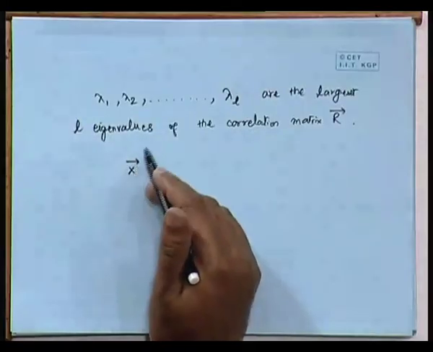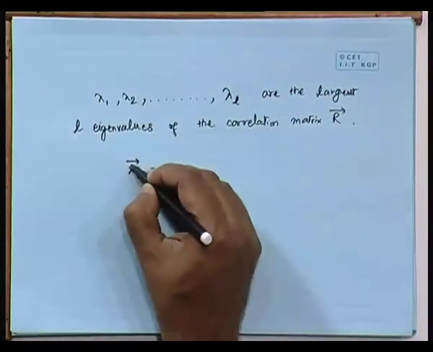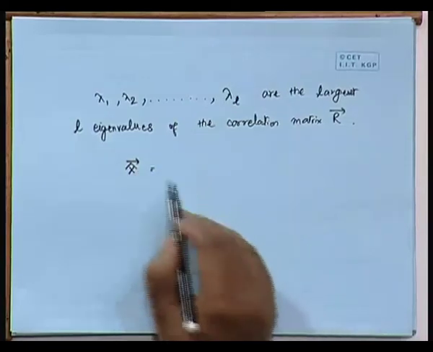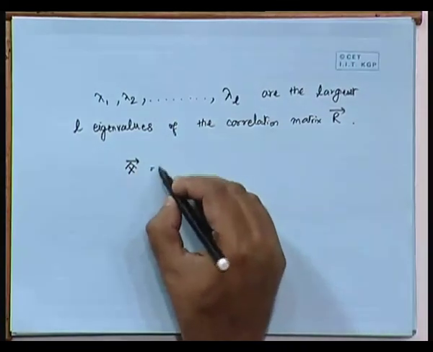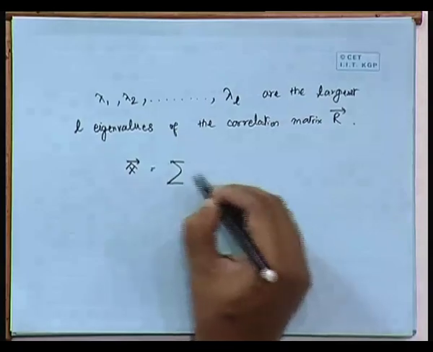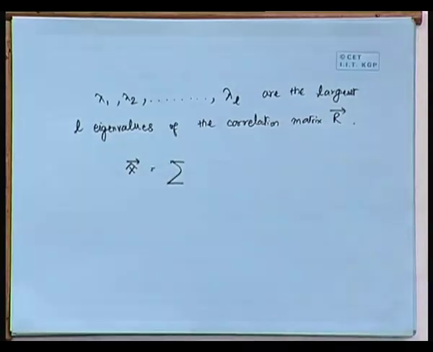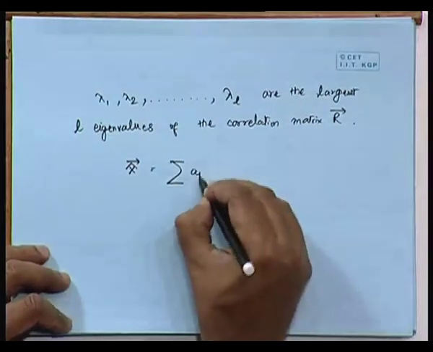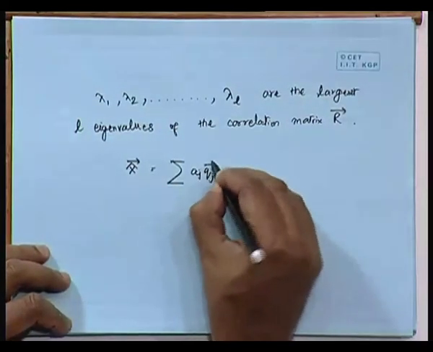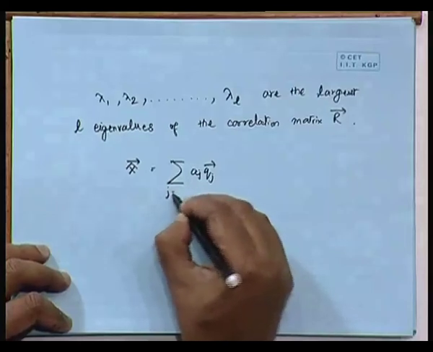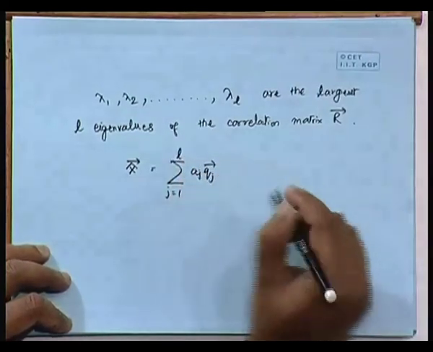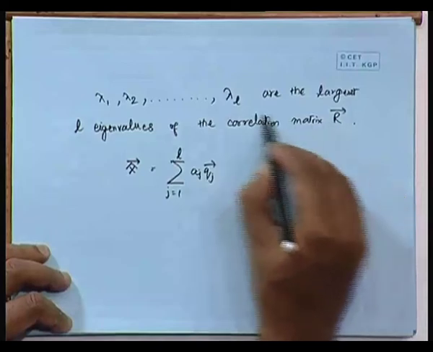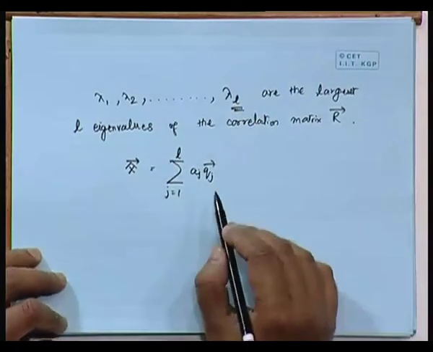So whatever solution we find cannot be called x anymore; we call it x hat. So x hat, as a vector, is the summation of aj qj for j equal to 1 to L, because we are taking L terms, up to lambda L, please note.